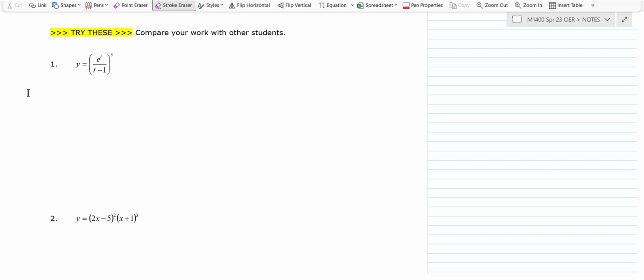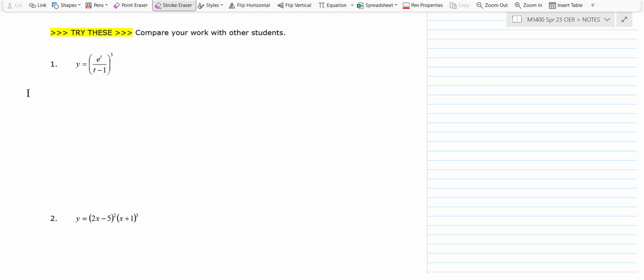Okay? What you're doing is you're trying to do the derivative of the parts. When you do this problem, you want to do the product rule. So it goes like this. First is 2x minus 5, the second is x plus 1 squared. The derivative of the first part, times the second, plus the first times the derivative of the second part.